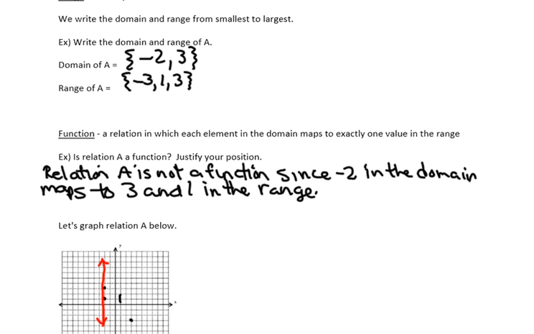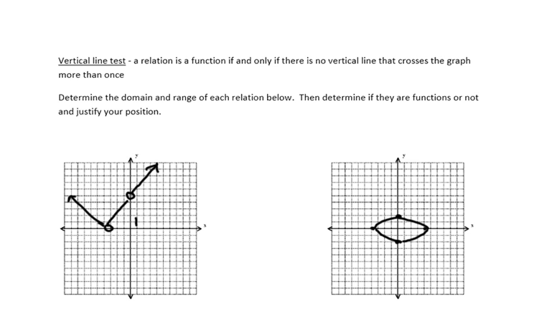So notice this vertical line is touching this relation more than once. What does that tell me? That this relation is not a function. This is what is called the vertical line test. The vertical line test says a relation is a function if and only if there is no vertical line that crosses the graph more than once.